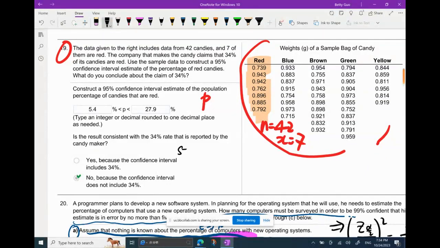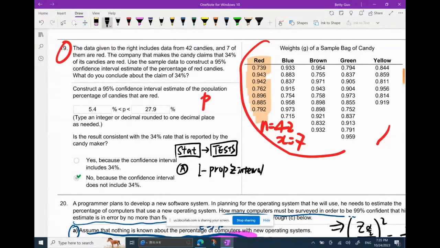We go to stat, and then we go to tests, shift to the right twice. In the menu of tests, we choose the letter A. The name of the function is one proportion, 1-PropZInt. Let's confirm that function.